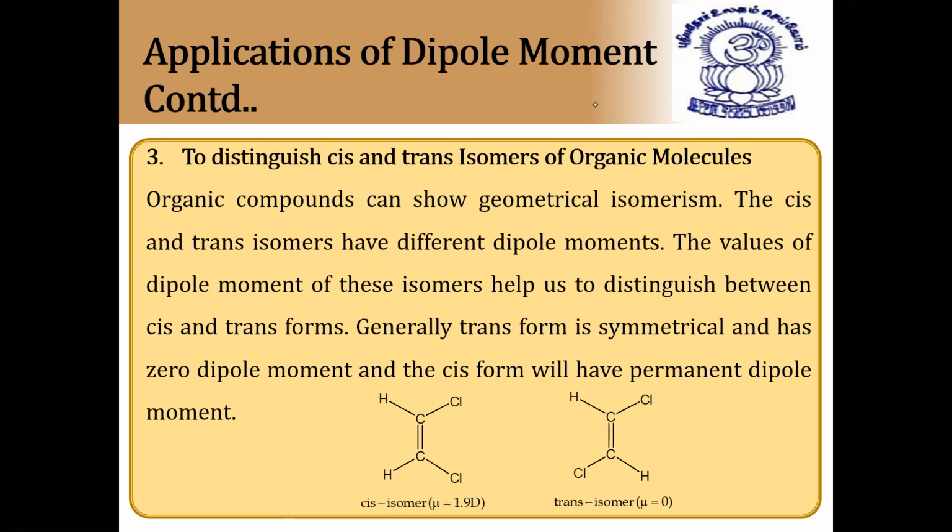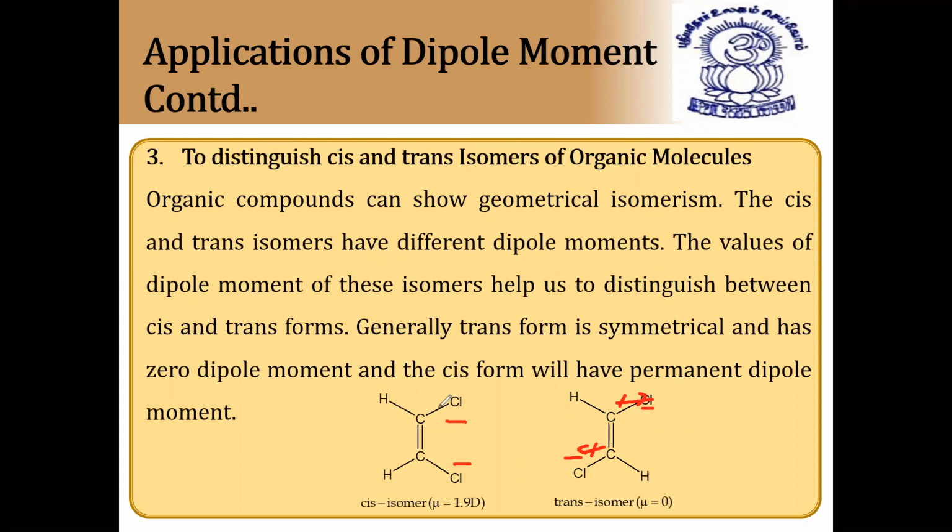You can see here, chlorine is present on the same side. Similar groups are present on the same side. And here chlorine is present on the opposite side. So there exists a dipole moment for the cis. For the trans isomer, what happens? They cancel out each other because the electrons are flowing from carbon to chlorine here and from carbon to chlorine there. So these two dipole moments are equal and opposite, and they cancel out each other.